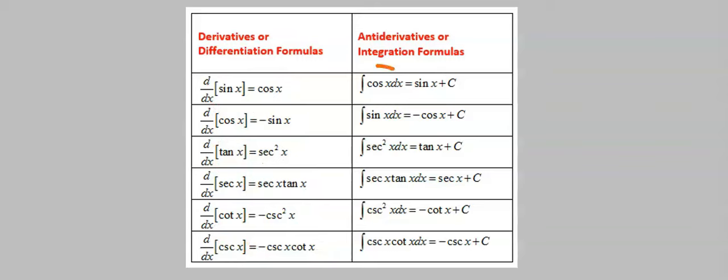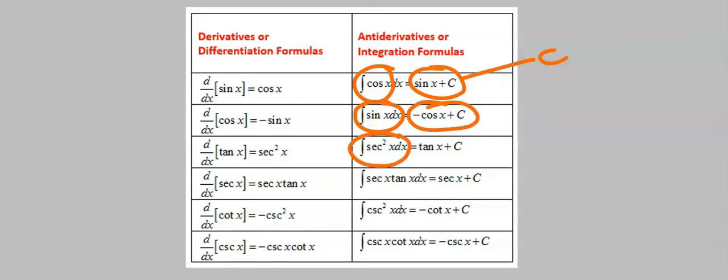Subsequently, if you integrate cos x, you are going to get sin x plus c. Later, I will explain the meaning of the c. If you integrate sin x, you are going to get minus cos x plus c. If you integrate sec squared x, you are going to get tan x plus c.